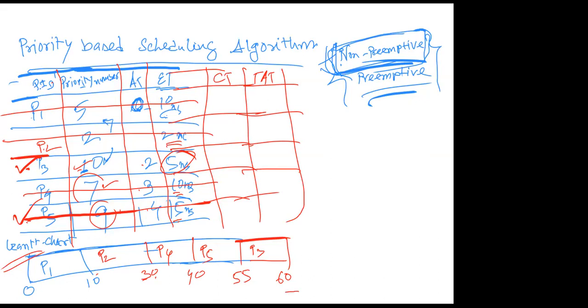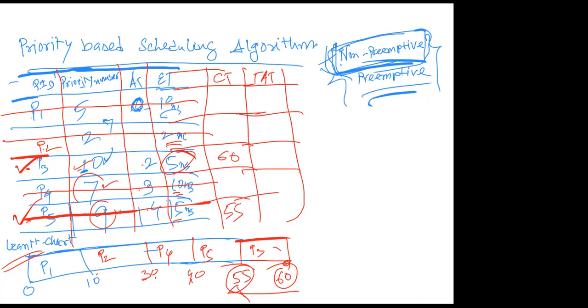P3 completes at 60 nanoseconds, so here is P3, 60. Then P5 completes its execution at 55.